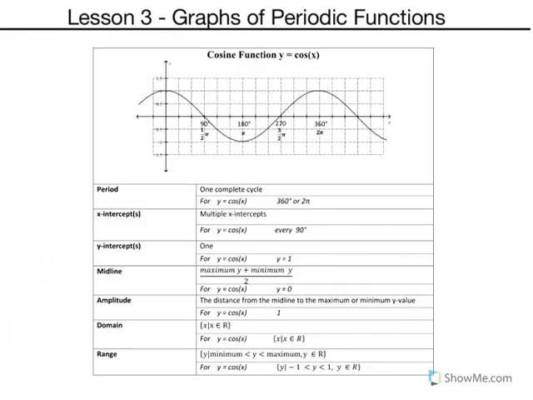Now we're going to look at cosine functions. So a cosine function is the same as a sine function. It's the same shape. It's just been moved. So rather than starting down, it starts up at your maximum, goes to your midline, then to your minimum, and then back to your midline, and ends up at your maximum again.